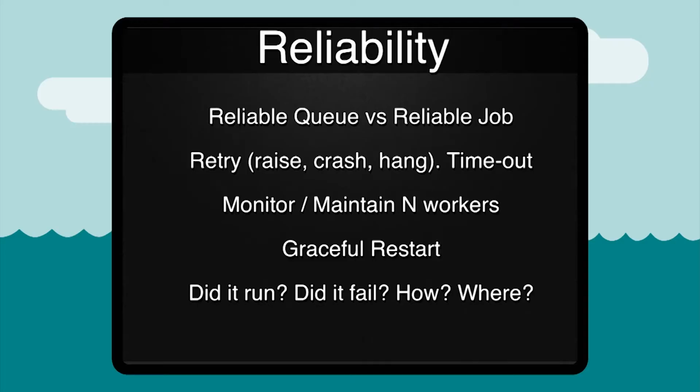What I started to realize was that there's a difference in the types of reliability that our queue system, or our background job processing system, might have. At 3M, with AMQP, we thought we had a reliable system because we used RabbitMQ, and it had acknowledgments and durable queues and durable messages.